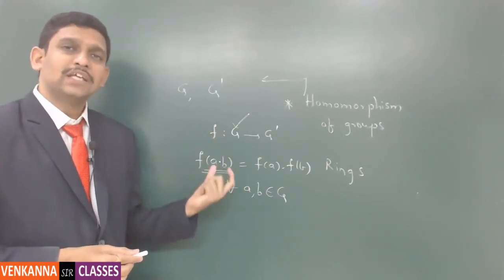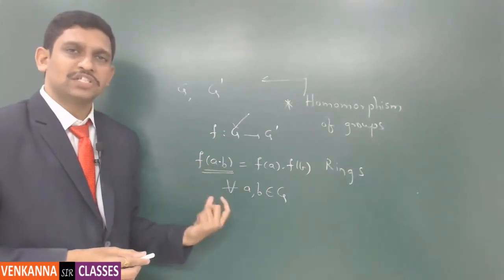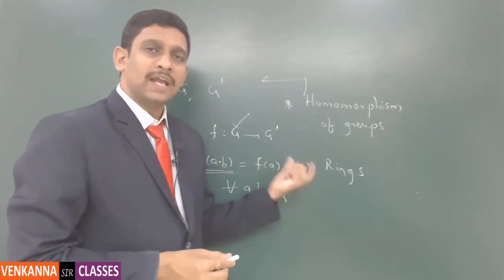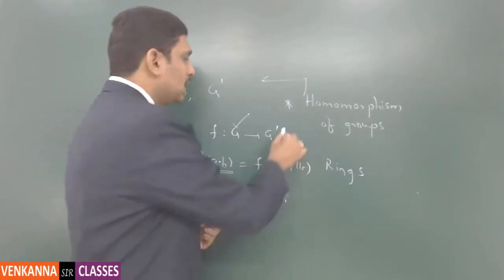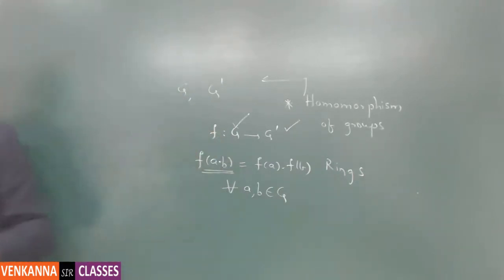So the LHS operation is by default the operation taken on G. Similarly, the dot operation on the RHS is the operation on G dash. Please take a note of these things.